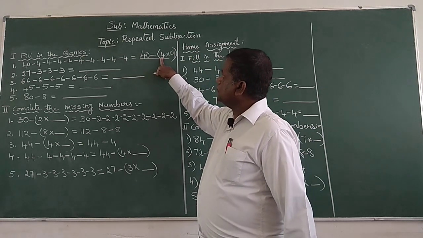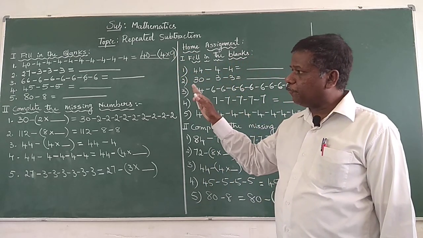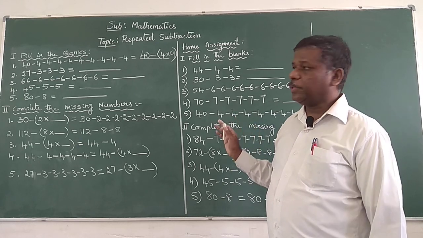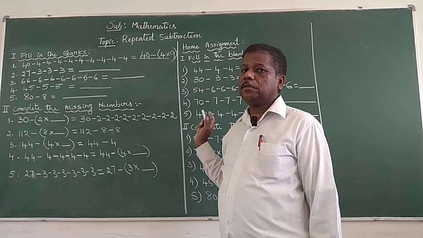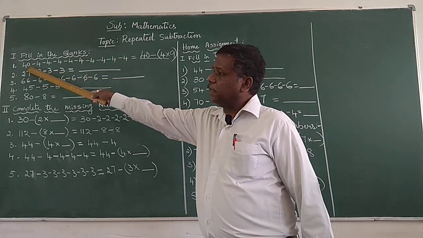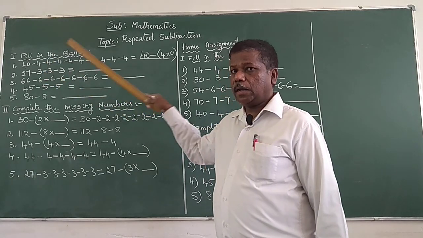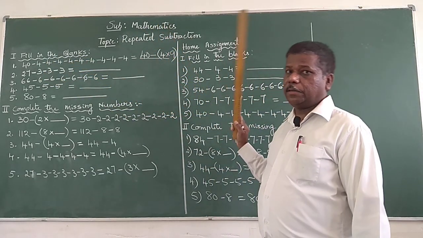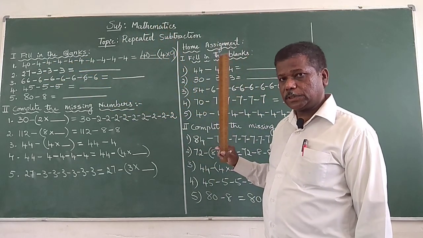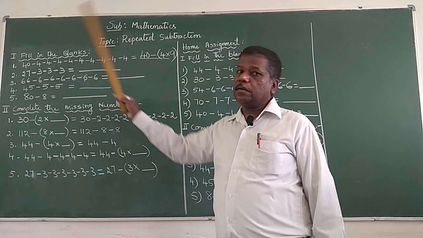So 4 is subtracted 9 times from 40. This is the meaning of the first example. Is this understood? Okay, let us move to the second question.